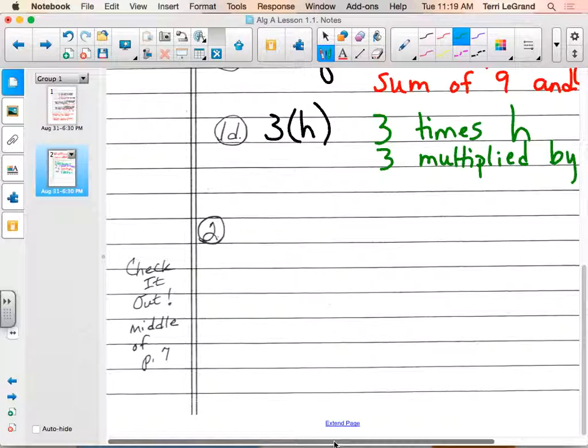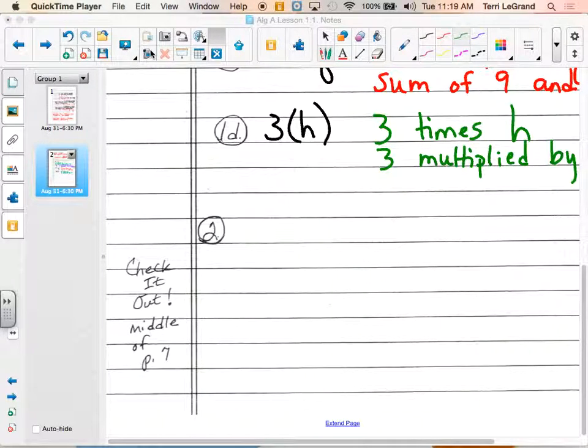Read through that example, and then you're going to do the check it out problem underneath it. And where can you check to see how you did? In the back of the book. We did that yesterday. Remember, we found out where we can do that. Okay, so the number 2 would be like 2A, right? So yeah, we need 2A. Just that one. Well, is there just a 2A? No, there's 2A, B, C.